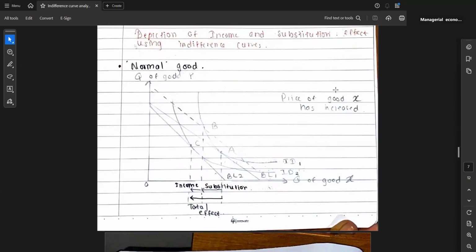That is the reason. In a normal good, we can denote the income effect and substitution effect like this.